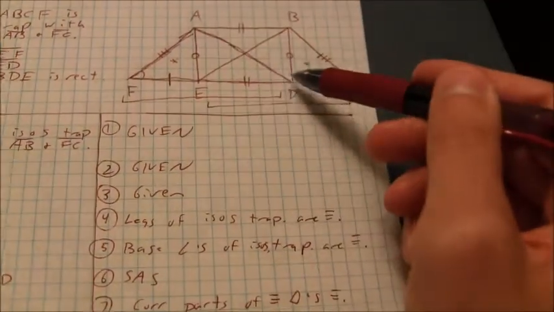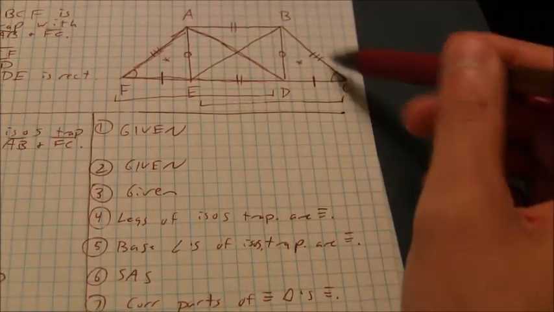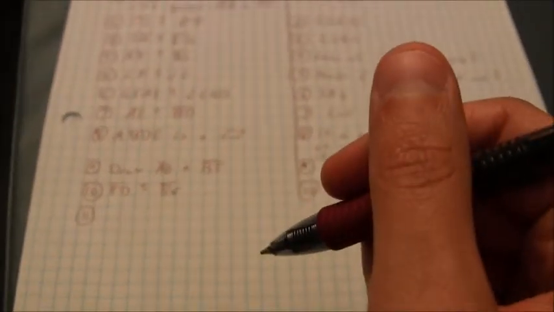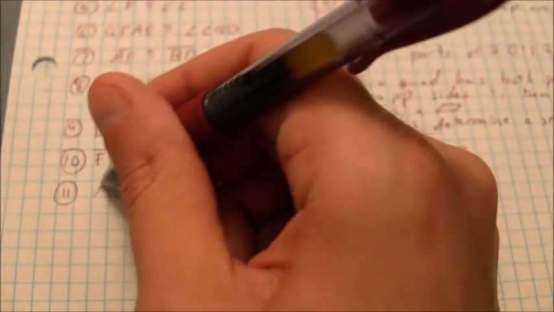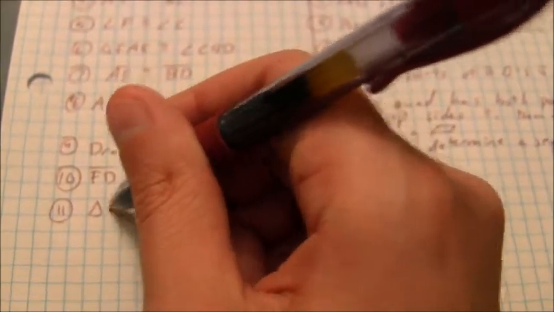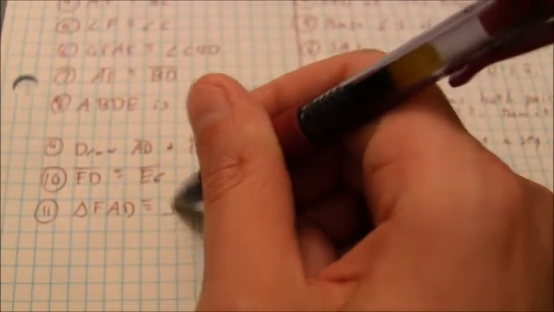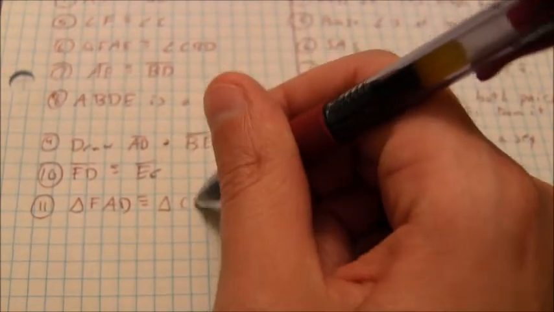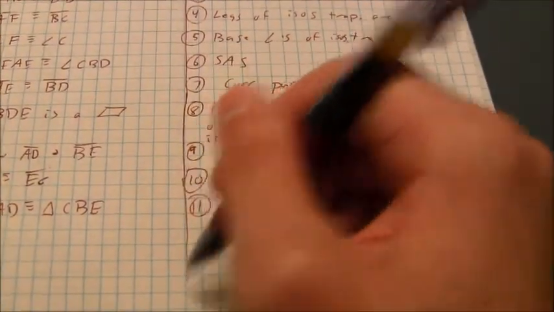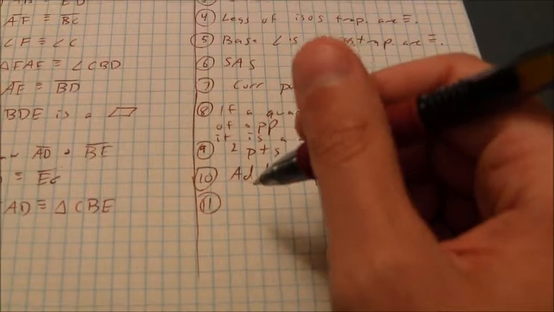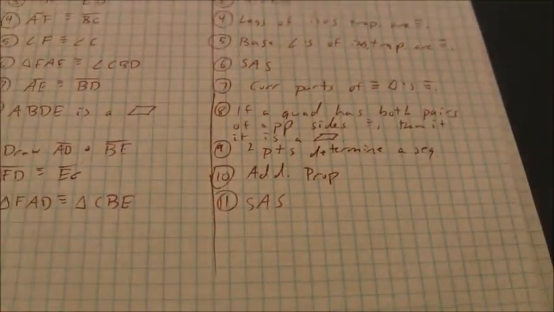In this case, FAD congruent to CBE. Right, so triangle FAD is congruent to CBE, and in this case that is by the side angle side rule.